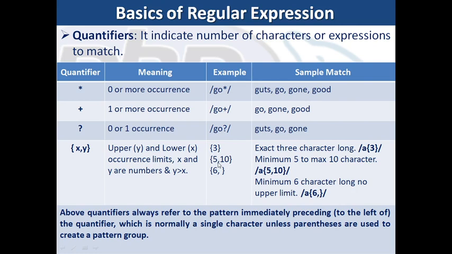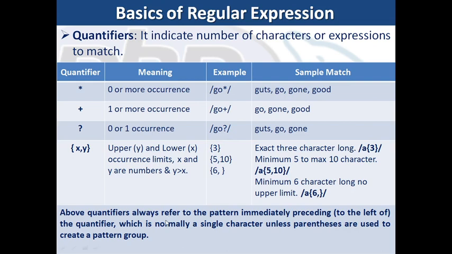If we use 5 comma 10, the character should be minimum 5 and maximum 10. Then 6 comma means A is allowed a minimum of 6 times, and afterwards there is no upper limit.